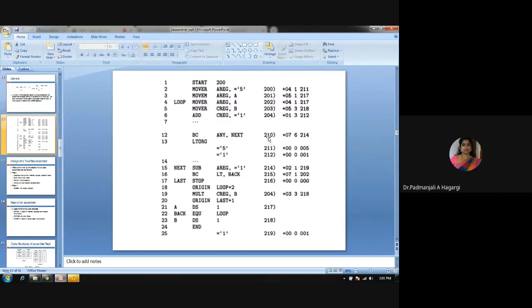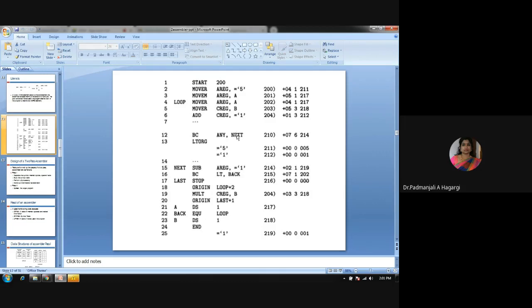So the next location counter for this line is at 210, and the instruction code for BC is 7, and ANY is also an operand, and its code is 6.